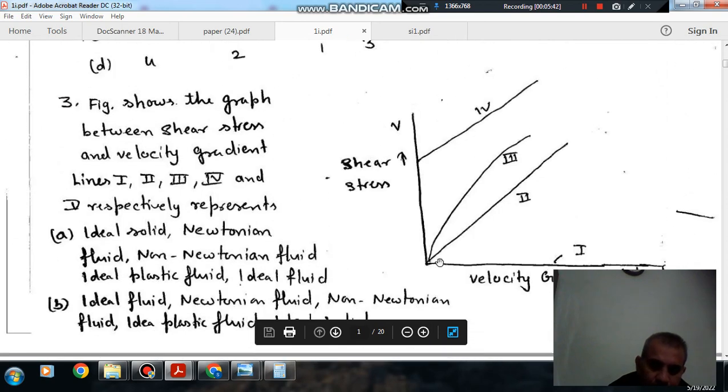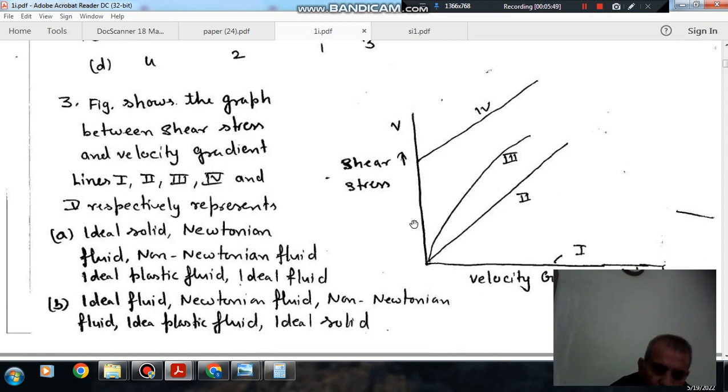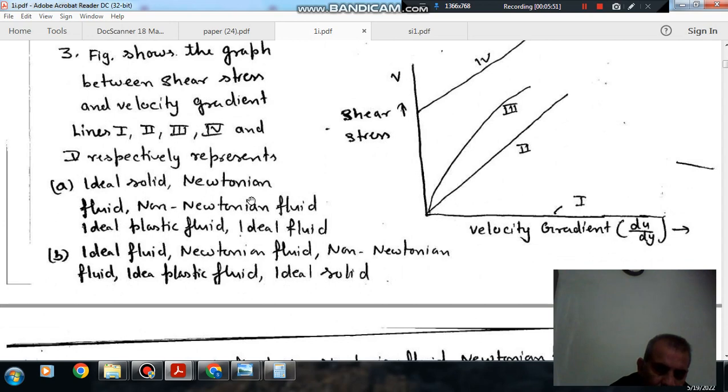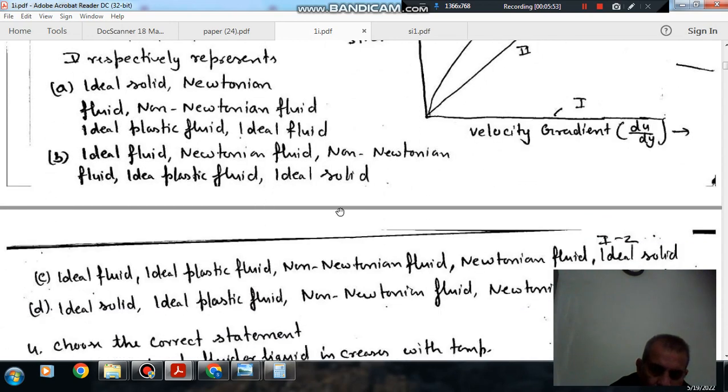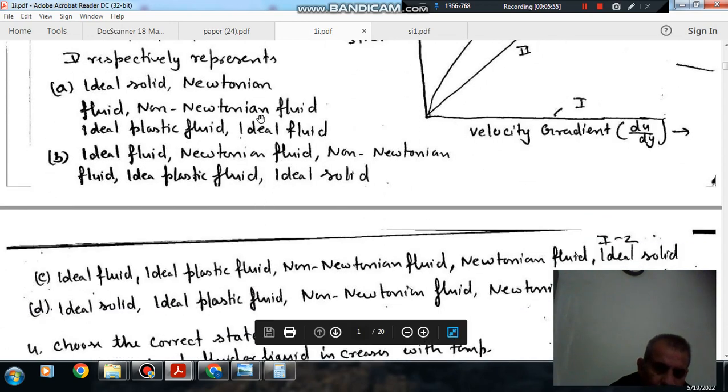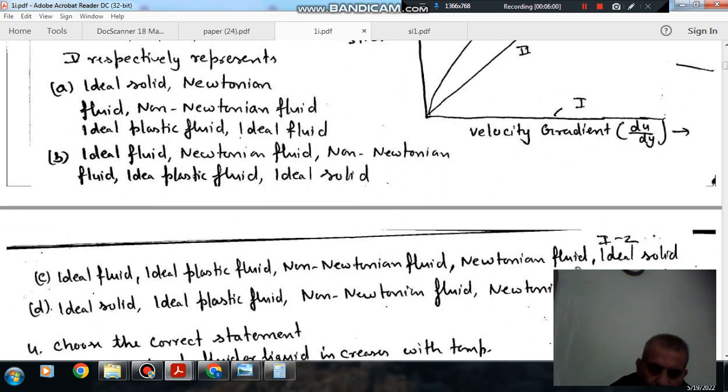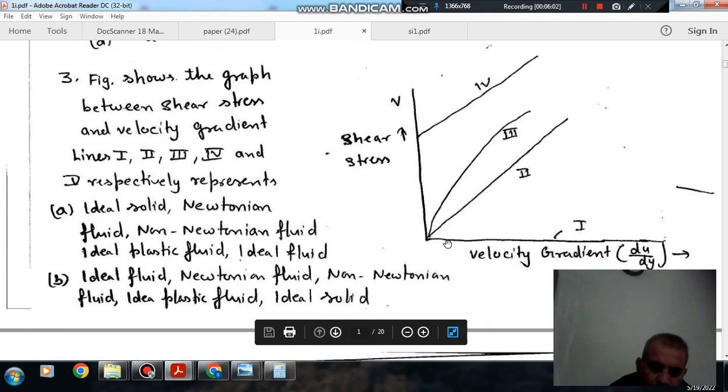As here there is no flow, this represents ideal solid. So 5 represents ideal solid, which is in options A, B and C. This is your ideal fluid, because it is flowing and there is no shear stress developing.